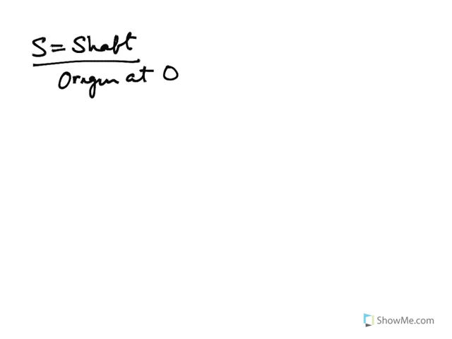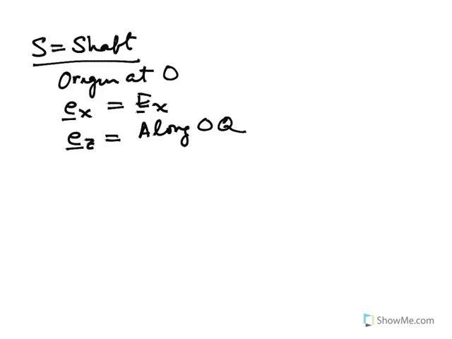The second frame is the shaft. The origin of the coordinate system fixed to the shaft is going to be at O. Now I'm going to say let little ex equal big EX, and little ez is going to be along OQ. And then little ey is going to be EZ crossed with EX. And finally, the third reference frame is going to be the disk.